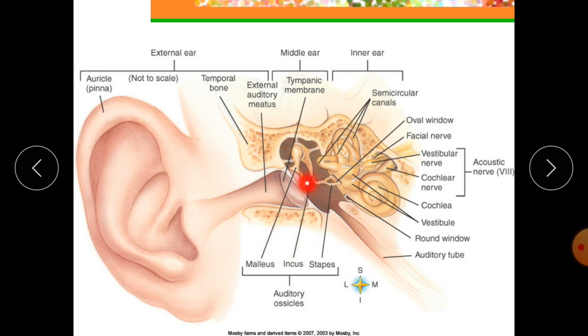This is the incus, the second of these three bones, and third is the stapes, which is directly attached to the oval window, fixed into it. These are called auditory ossicles, and the malleus is directly attached to the eardrum or tympanic membrane.